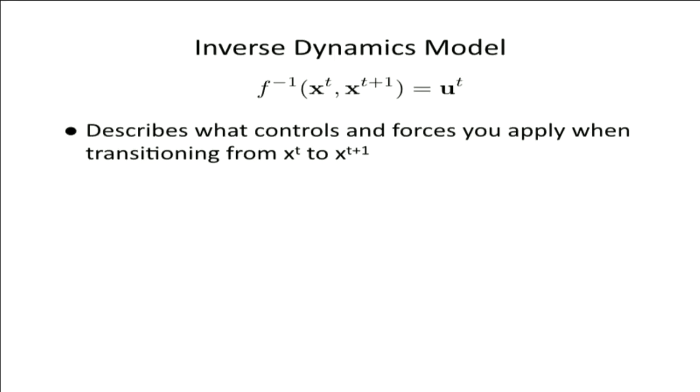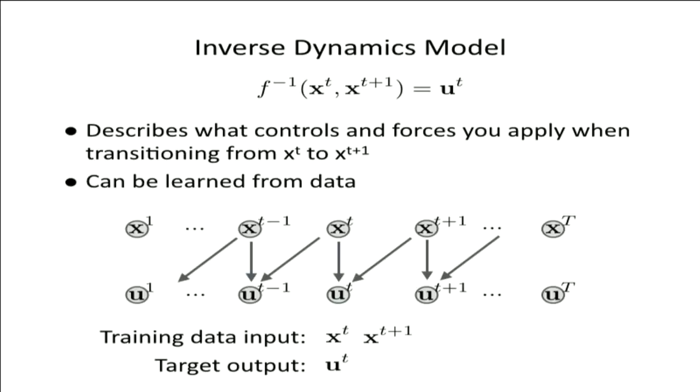Okay. So let's look at the inverse dynamics model in more detail. Basically, what it does is it describes what controls and forces or other quantities you apply when you transition from x_t to x_{t+1}. One way you can get this model is to learn it from data. You run your robot under some sequence of controls, so you get a sequence of states and a sequence of controls.